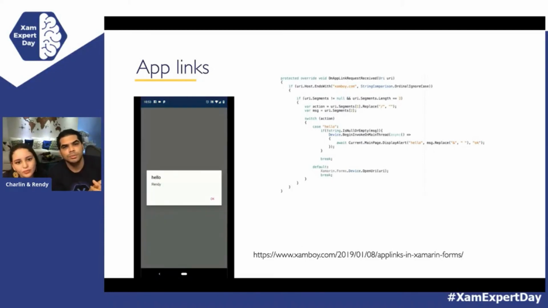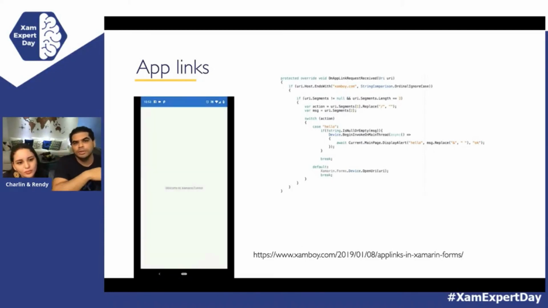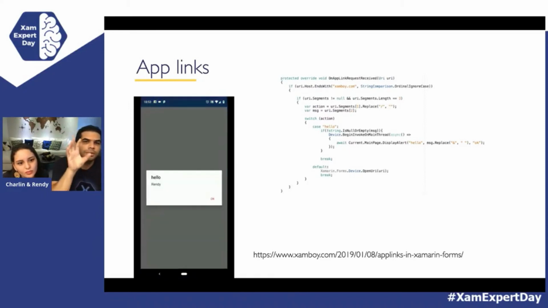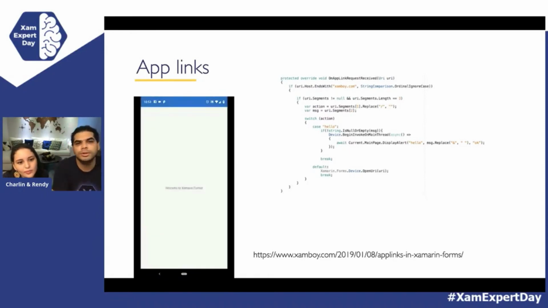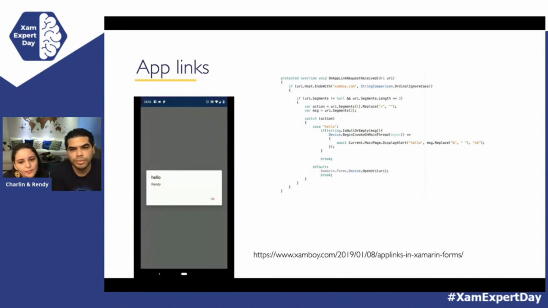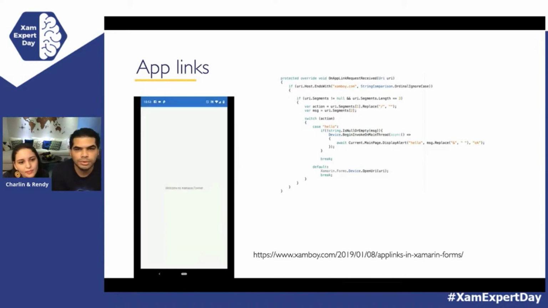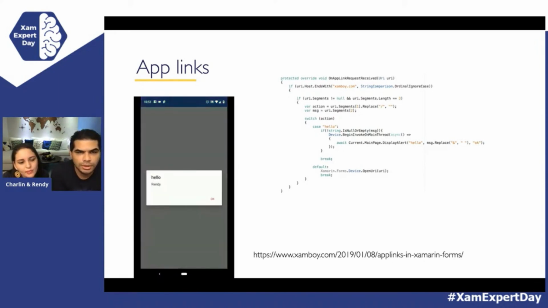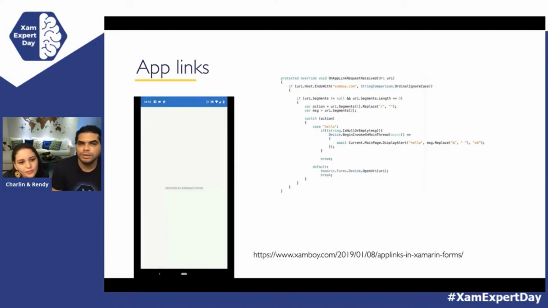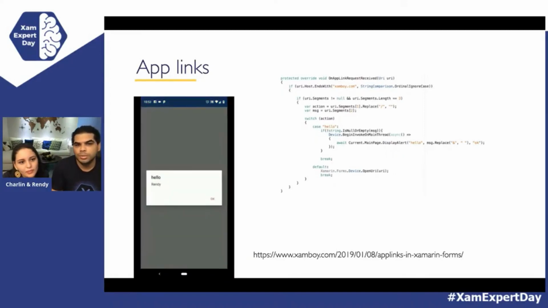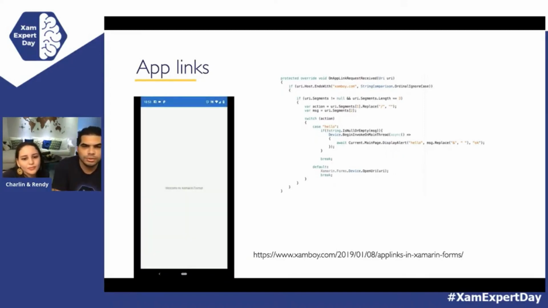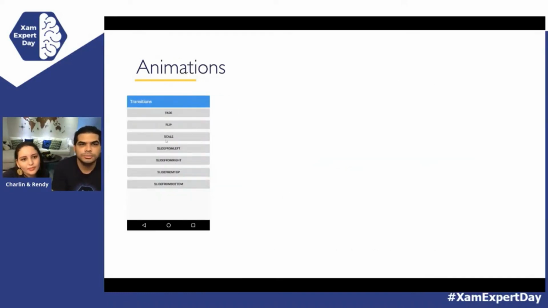You can do it in many ways, and you don't have to take the user to a browser. You can take them directly to your app and handle the request there. So I think it's a really important thing to integrate nowadays because we want to make the user experience as great as possible. And I have an article about that, so you can check it out.